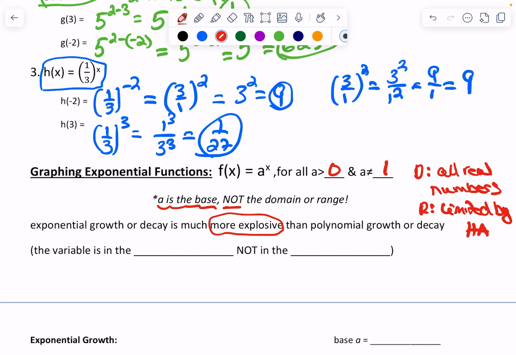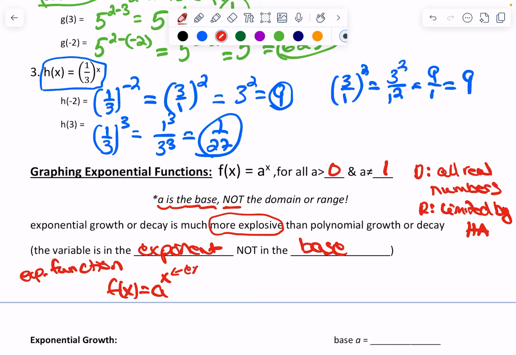The variable is in the exponent, not in the base. So remember, an example of an exponential function would be f of x equals a to the power of x. X is the exponent.